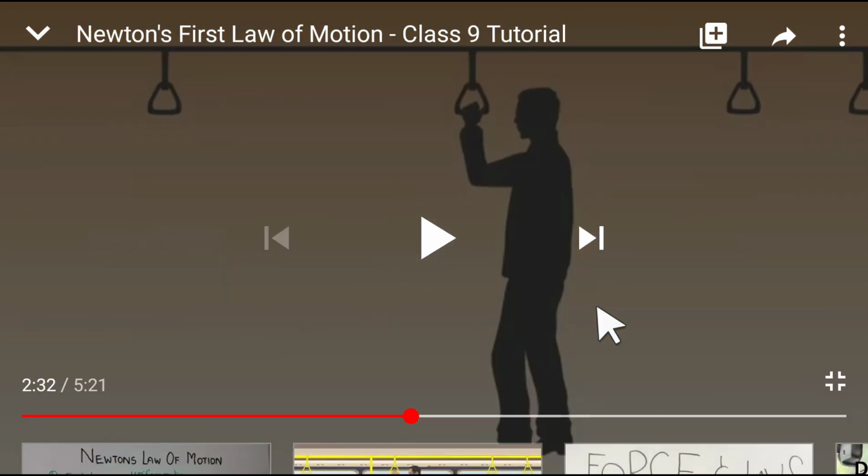How does this happen? First the bus was at rest. So, you were at rest, your feet were also at rest. As soon as the bus started, you saw how the person moved backward.